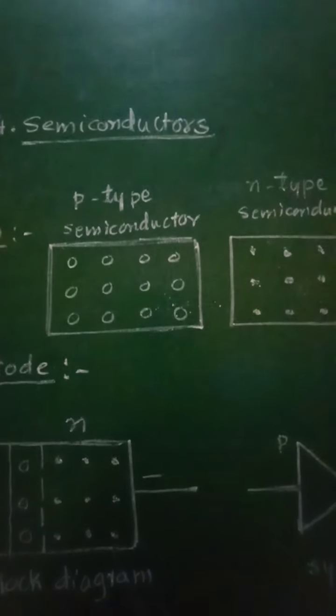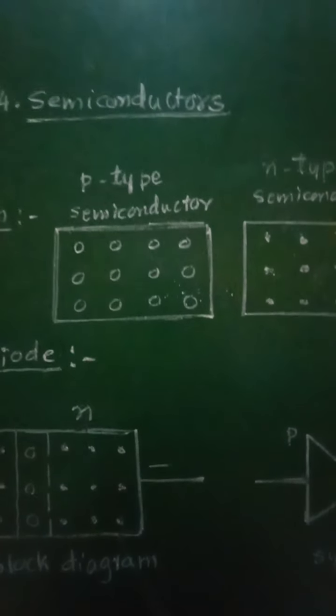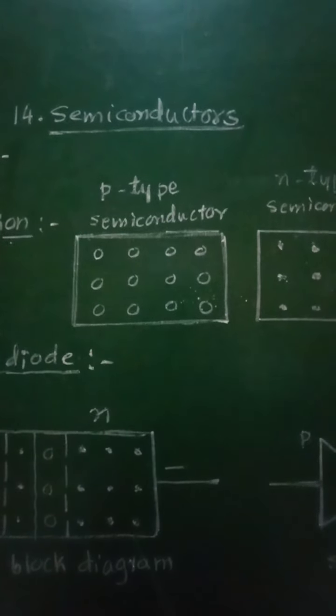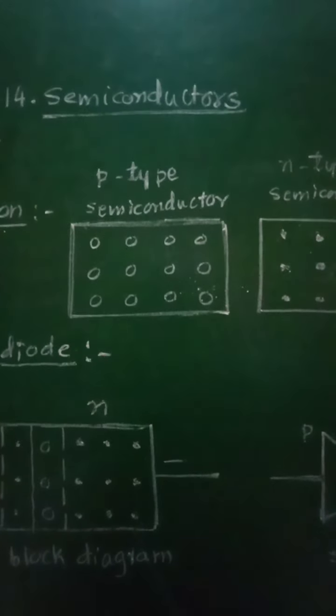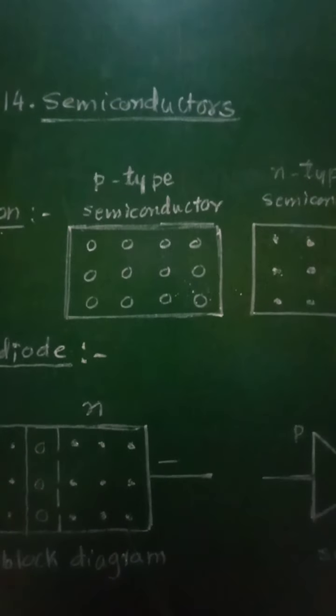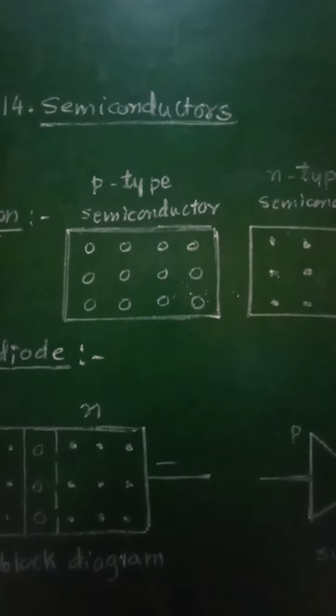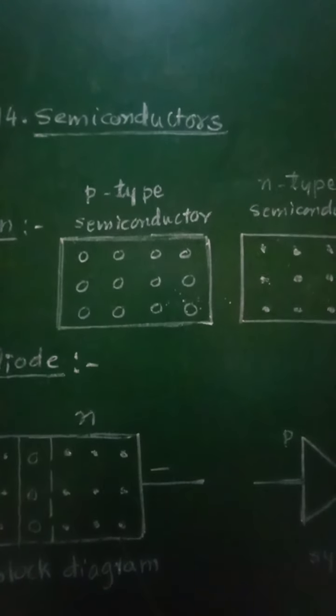Now it is formed by diffusion of electrons from n region to p region. This depletion region is formed by the diffusion of electrons from n region to p region.